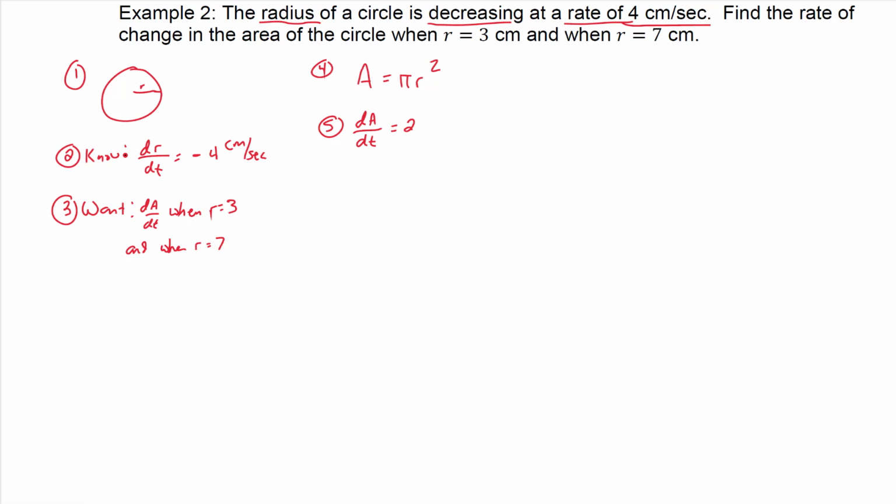So this is going to be 2 pi times r to the first power, using the power rule as a part of this chain rule for implicit differentiation. So 2 pi r to the first power times the derivative of r with respect to time, so times dr/dt.